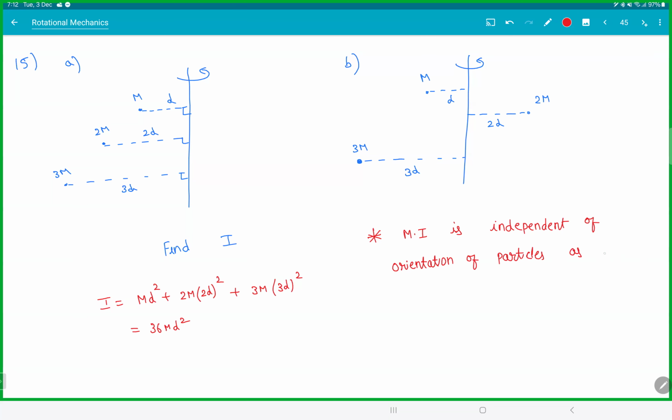As long as the perpendicular distance is the same. Clear, everyone?